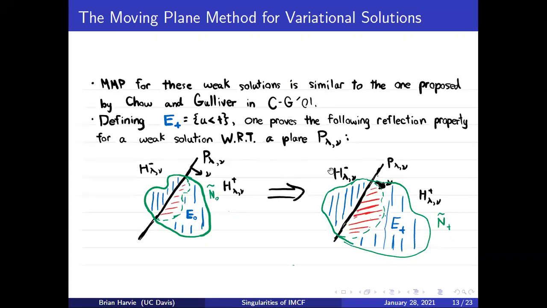So if you take the same plane that you had before, divide up into lower half plane and upper half plane, and reflect across it, the part in the lower half plane of E_t will get reflected into the part in the upper half plane. So you have some sort of symmetry for the weak flow surfaces from this.